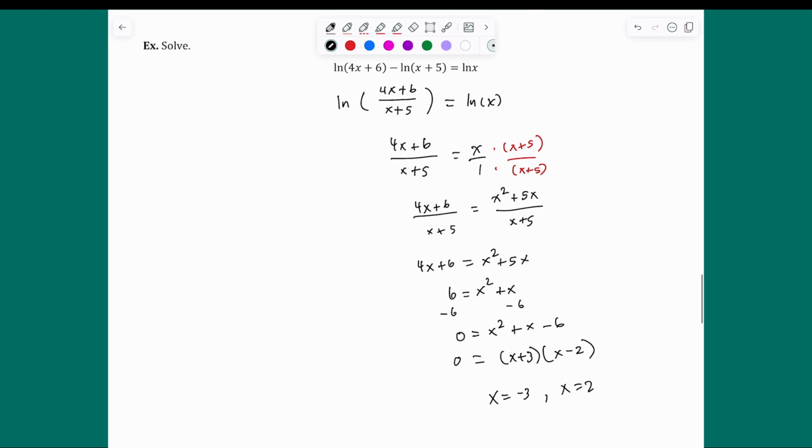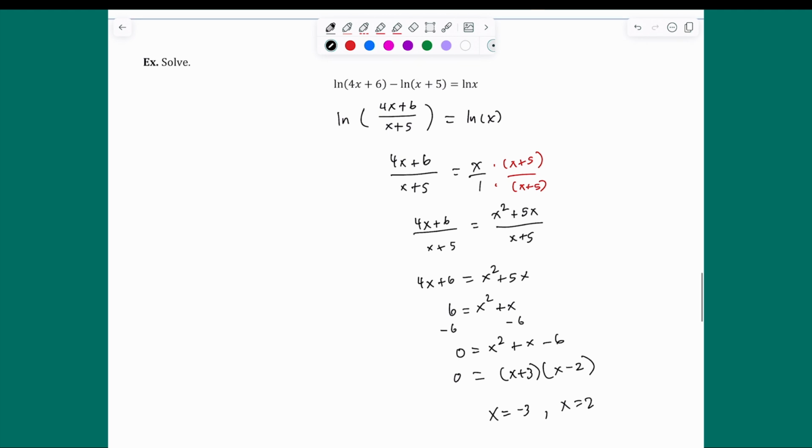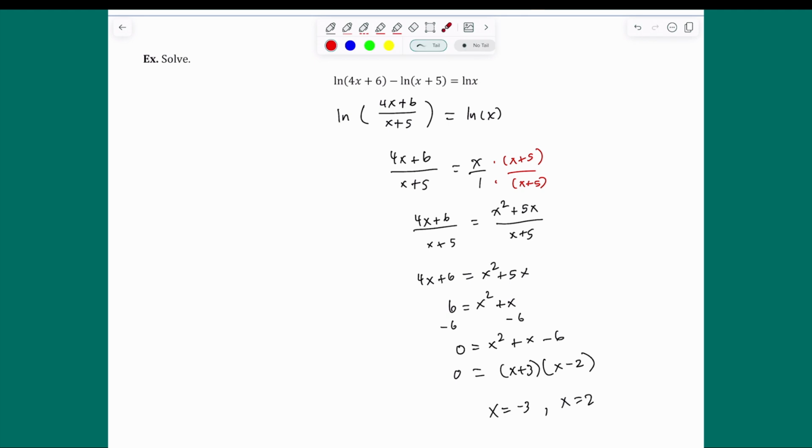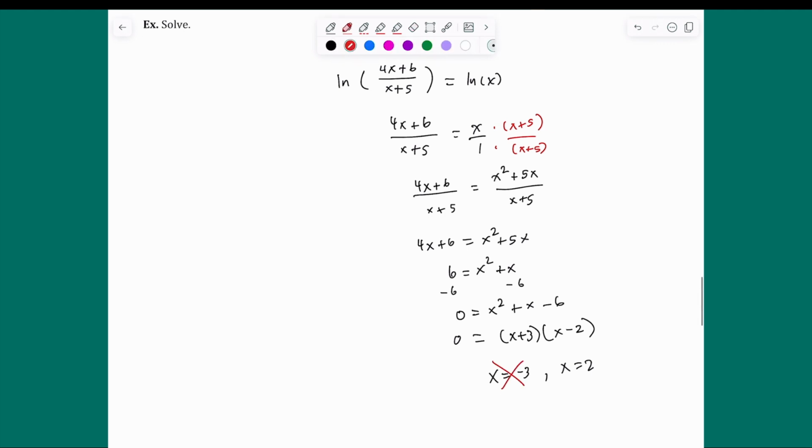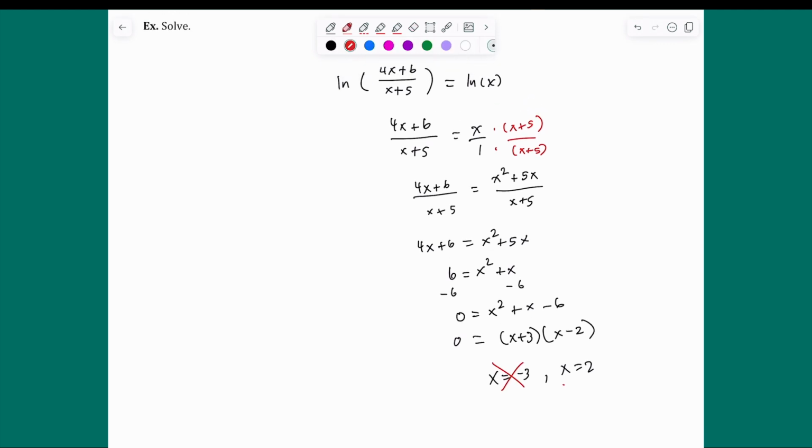It would make the right side of the equation definitely undefined when you substitute it here. And also when you see -3 plus 5, that's okay. And 4 times -3 is -12, but that would make this here undefined. And so we could see that already x equals -3 is not a solution, but x equal to 2 should be a solution, and we could quickly check that's true.